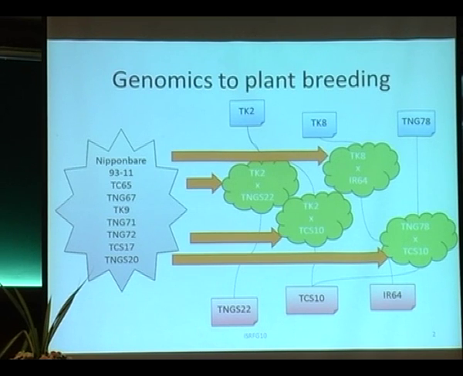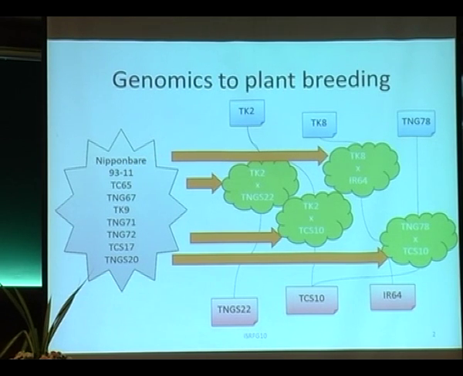Since 2005, our government has given big support to marker-assisted selection. From that time, many government research institutes have had the capacity to do marker-assisted selection, so they need more molecular markers.